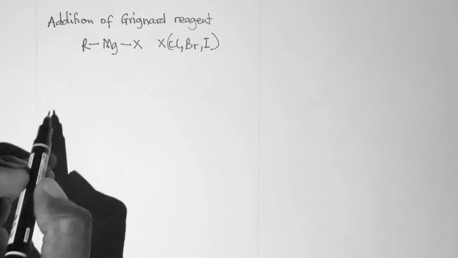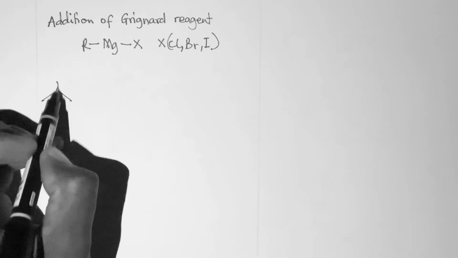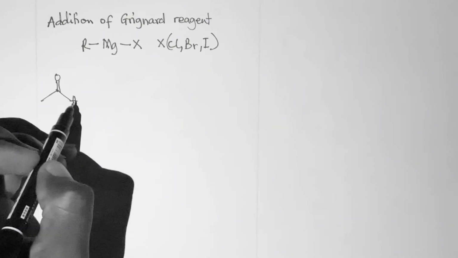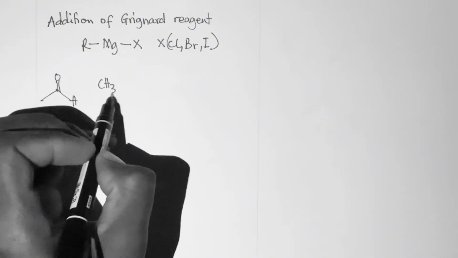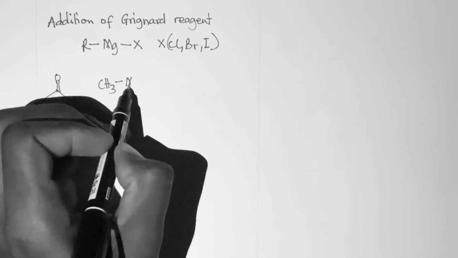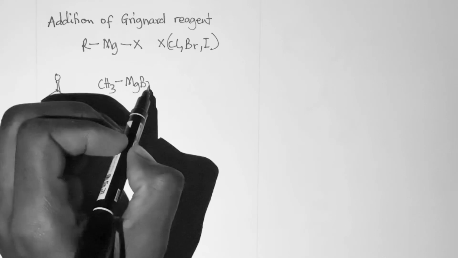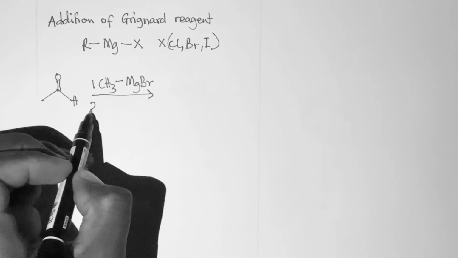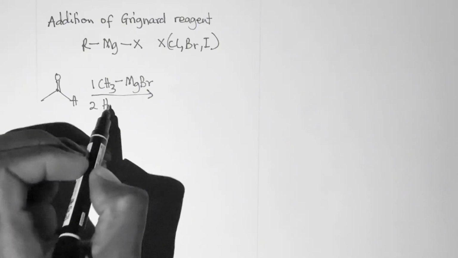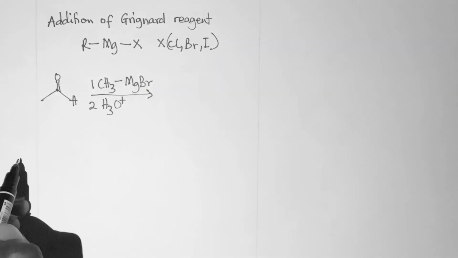So let's take an example. Let's assume we have ethanol and we have this Grignard reagent. That's the first step. And then the second step, we have H3O plus in solution.